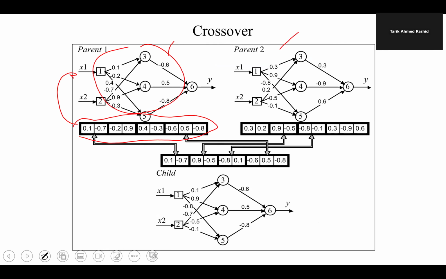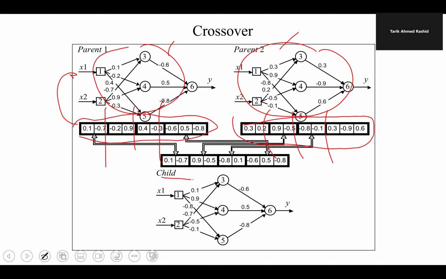Network, that network. And this parent 2 is represented by this weight matrix. So if we have a kind of segregation, we can have the crossover.